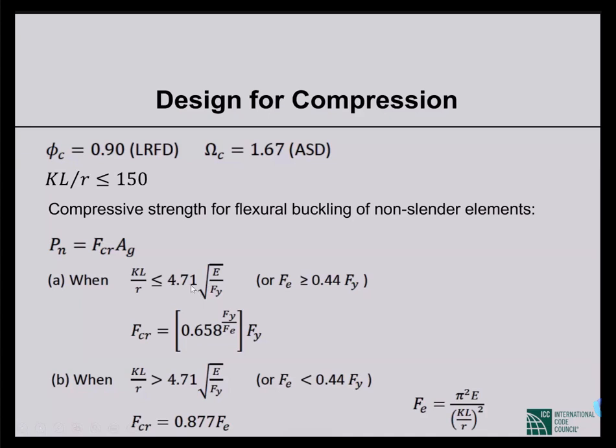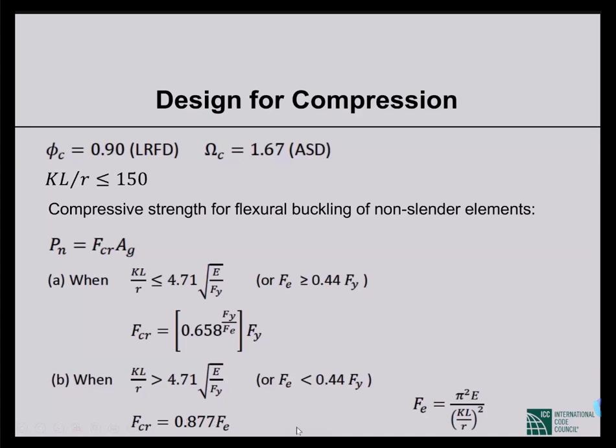Depending on this limit, if the KL by r ratio, the slenderness ratio, is less than this limit, then the formula is this, and if it is more than this, then there is a different formula. If it is more than 4.71 root over E by Fy, then this is basically Fe multiplied by a factor. Now, what is Fe?